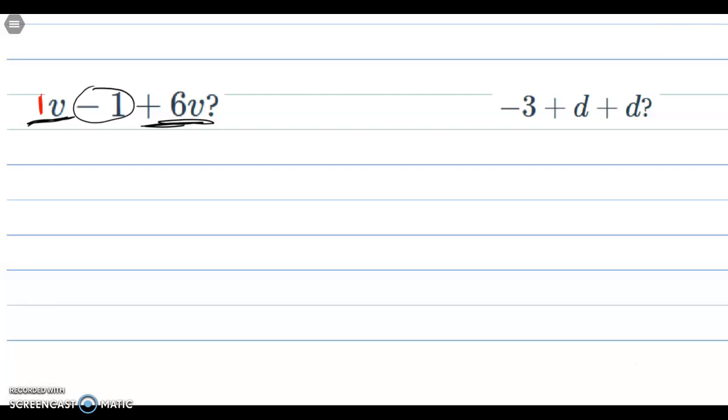And notice how I leave the signs attached to the number. So we're going to take the 6V, which is positive, with the 1V, which is positive, and combine them together, and you get 7V. And then you bring down the negative 1. Now, since I don't have any more like terms to combine, we're done.